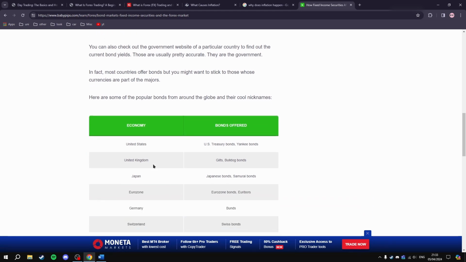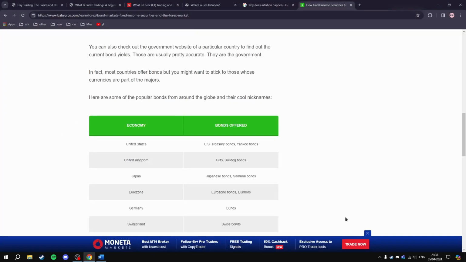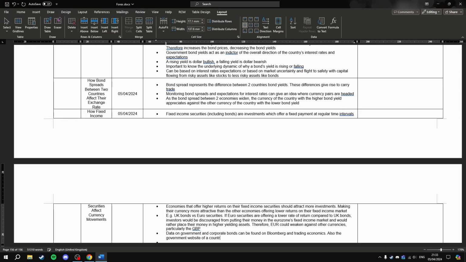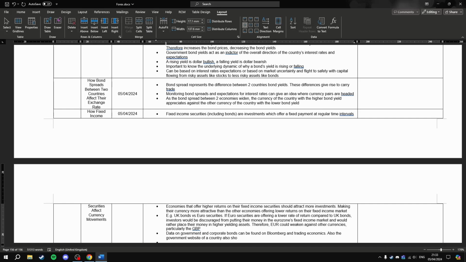You can also check out the government website for a particular country, which shows the current bond rates, bond yields.